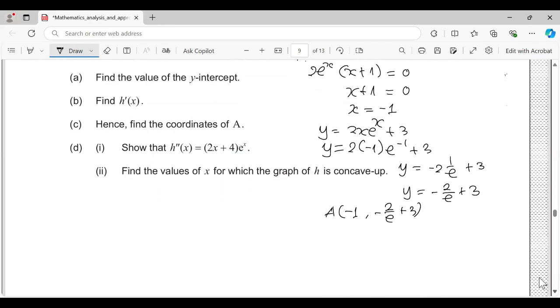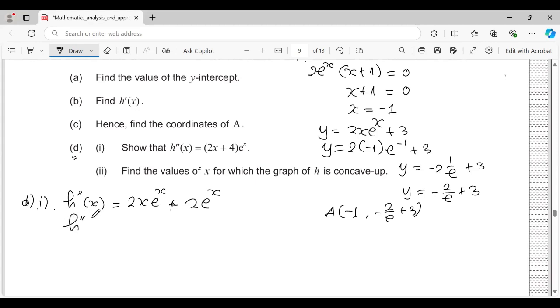And after that, D, this one. Show that the second derivative is (2x plus 4) e power x. Just now, we already found the first derivative, 2x e power x plus 2 e power x.